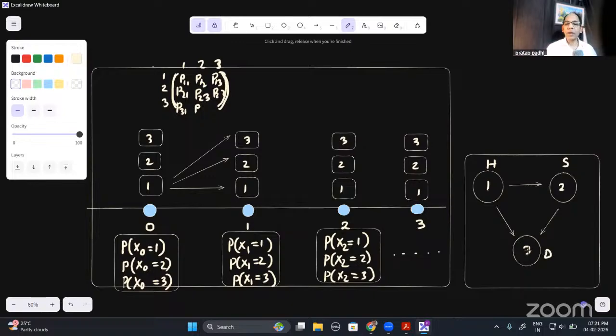No, in this example, no. Someone who is healthy now can become sick, but someone who is sick now has no way to become healthy in this diagram, because there is only one way, 1 to 2. 2 to 3 is possible. 3 to 2 is not there, that's fine. 3 to 1 is not there, that's fine. But you don't have 2 to 1. So we'll not use this way.